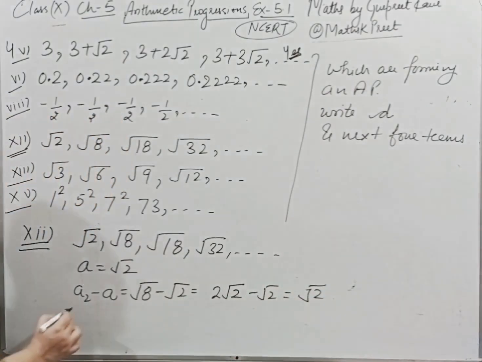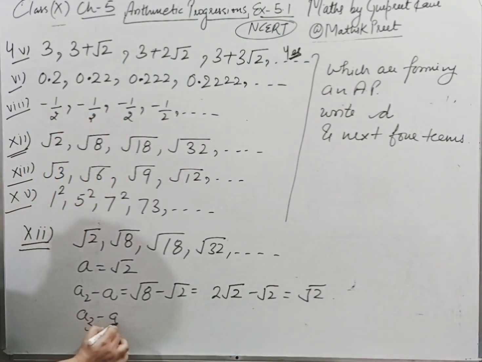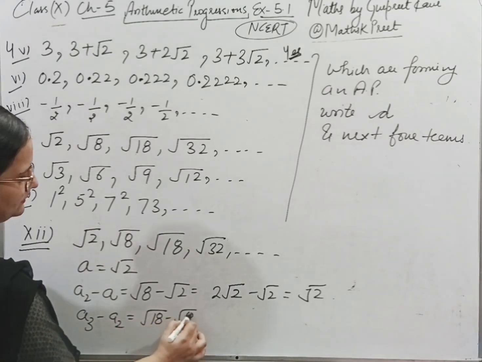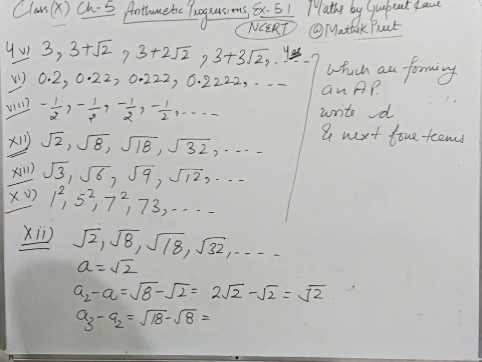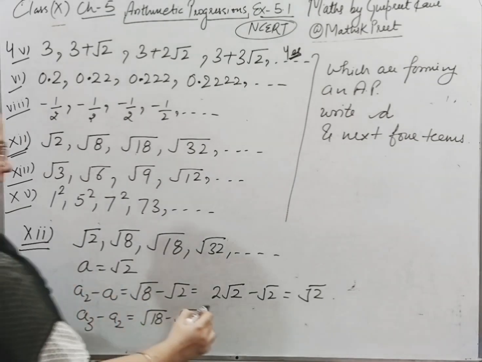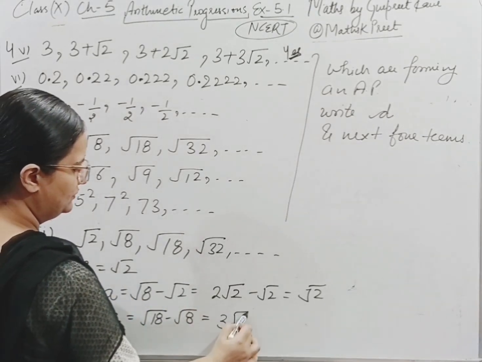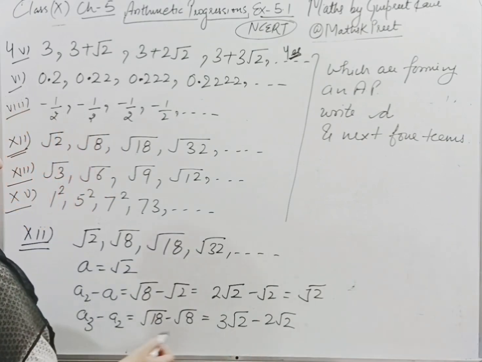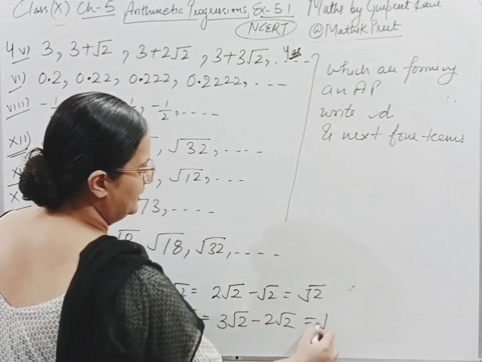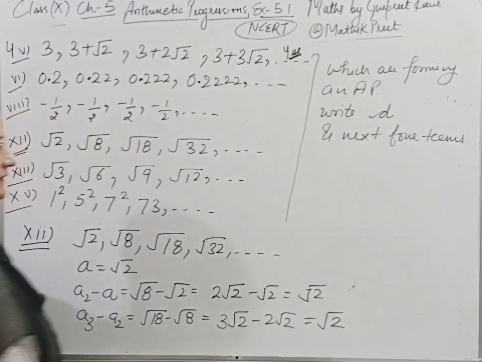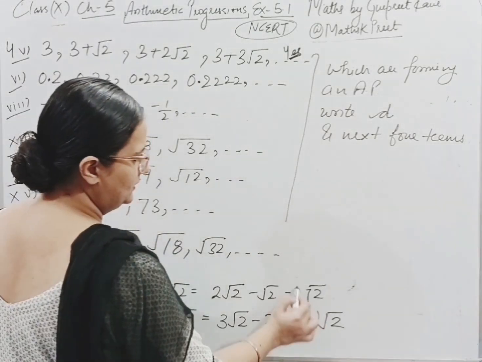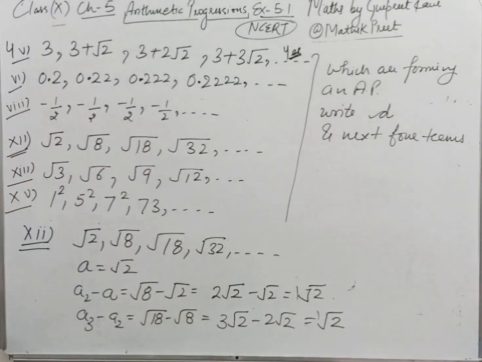Fine. Check for the next term. A3 minus A2. A3 is root 18 minus root 8. Root 18, 2 nines are 18, so I can take 3 out here and root 2 here. This is 2 root 2. 8 can be written as 2 root 2. 18 can be written as 3 root 2. So after just simplifying, I am getting 3 minus 2 is 1, 1 root 2. So root 2 again.